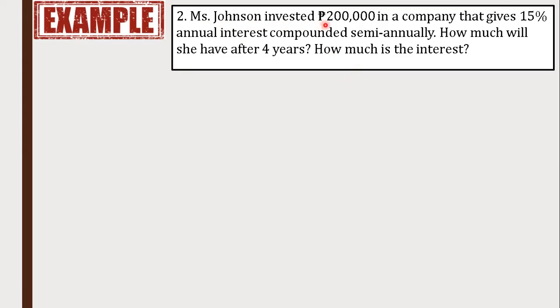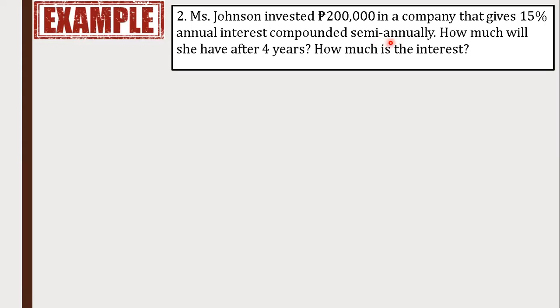So we have a 200,000 investment that gives 15% annual interest. So this is our interest rate, compounded semi-annually. You need to be familiar with that word, semi-annually, which means half a year. And that's every 6 months. Every 6 months, you need to pay.